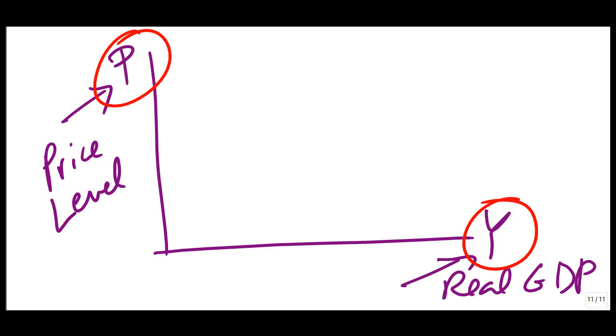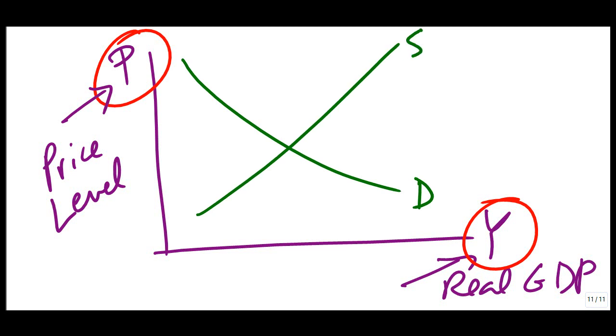The model or the theory is contained between the axes. So we've got a demand curve here and a supply curve here. And that model looks at certain variables and shows how they're related.